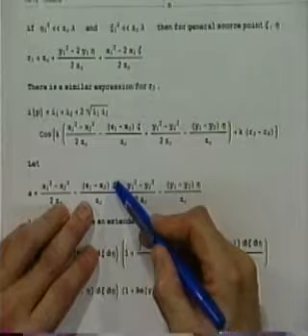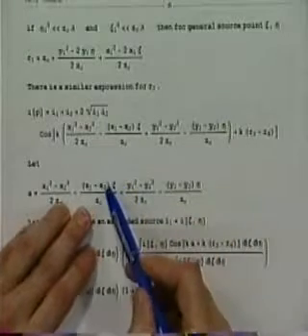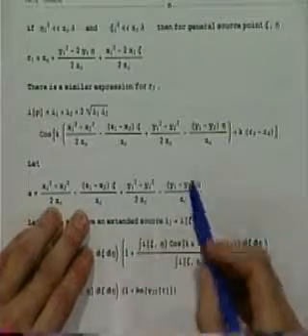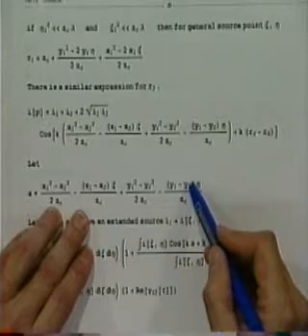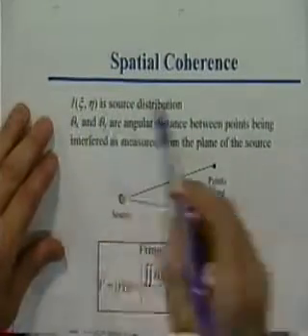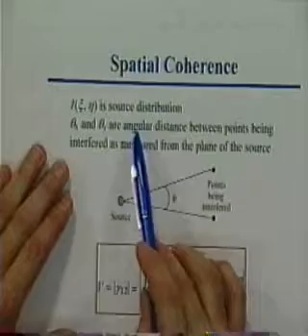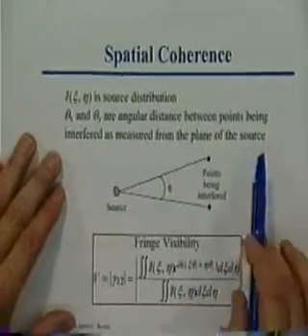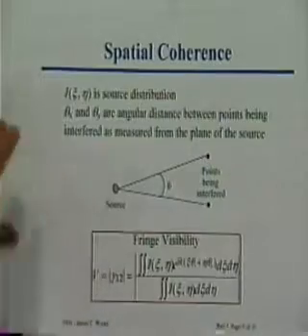But now I want to write this as ξ times the angle x over z0, and η times the angle y over z0. And I'll call these angles theta sub x and theta sub y. So they are the angular distance between points being interfered as measured from wherever the source is.